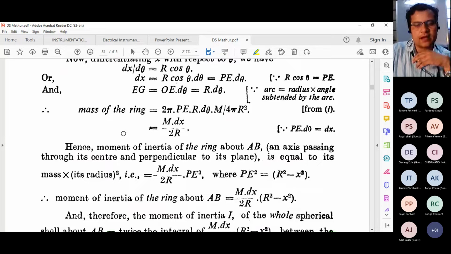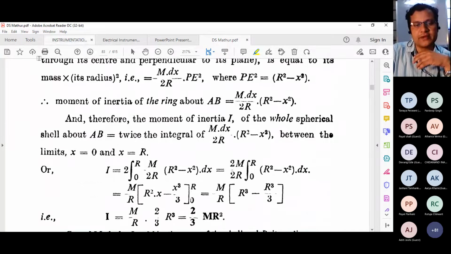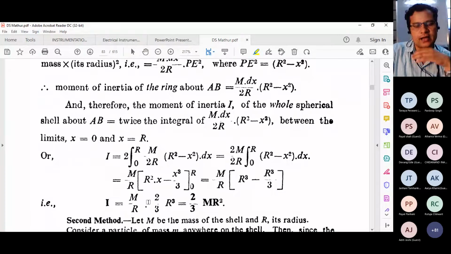Then your integration limit will be 0 to r, but for the whole spherical shell about its diameter I take the multiplication with 2. So twice into the integration from 0 to r of m upon 2r times (r square minus x square) dx. If you integrate that within the limit 0 to r and solve this, you will get the value of the moment of inertia of the spherical shell.